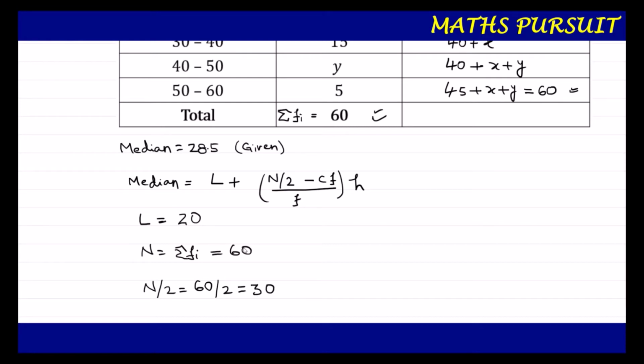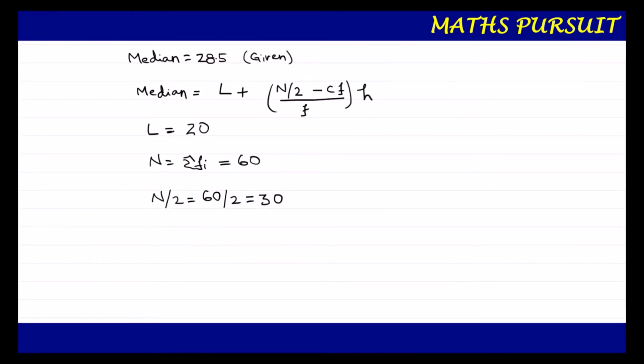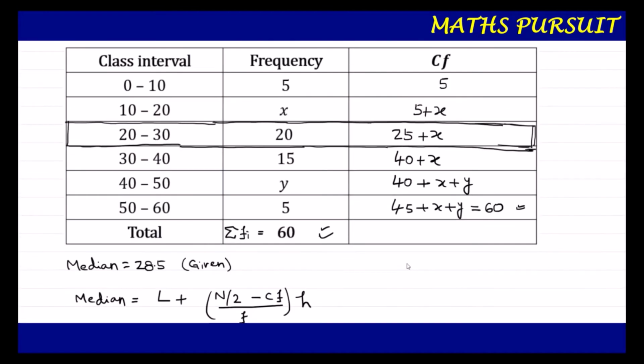After getting the value for n by 2, let us determine the value for cumulative frequency. So what is cumulative frequency here? The cumulative frequency here is the cumulative frequency just before the median class.